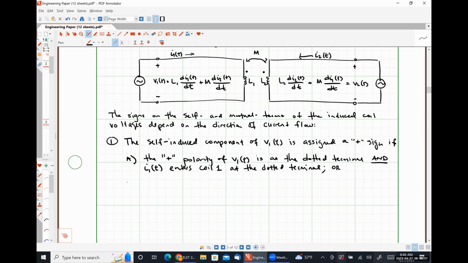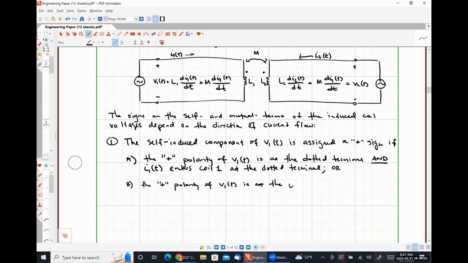The second condition that will get us a plus sign for the self-induced component of V1 is that the positive polarity terminal of V1 is at the undotted terminal, and I1 of t enters coil 1 at the undotted terminal.